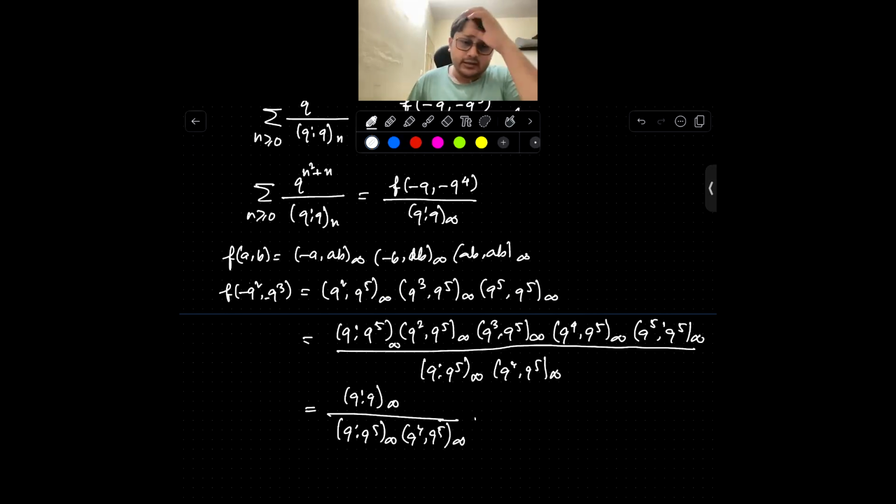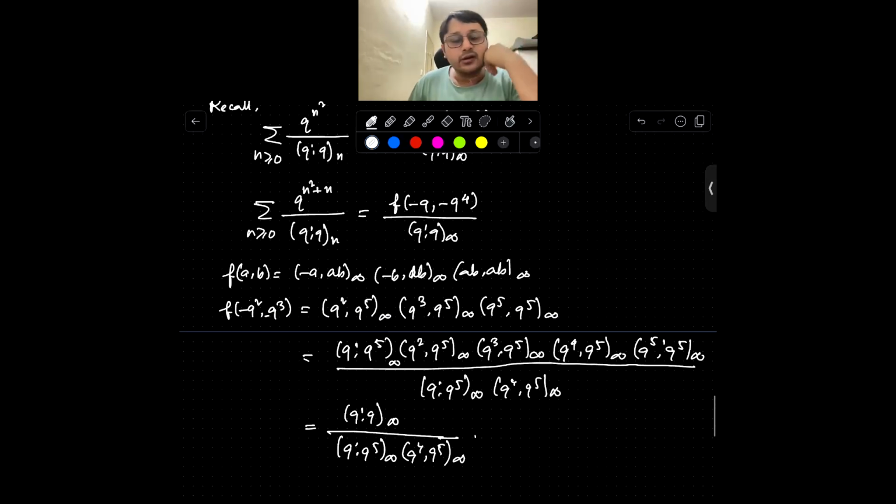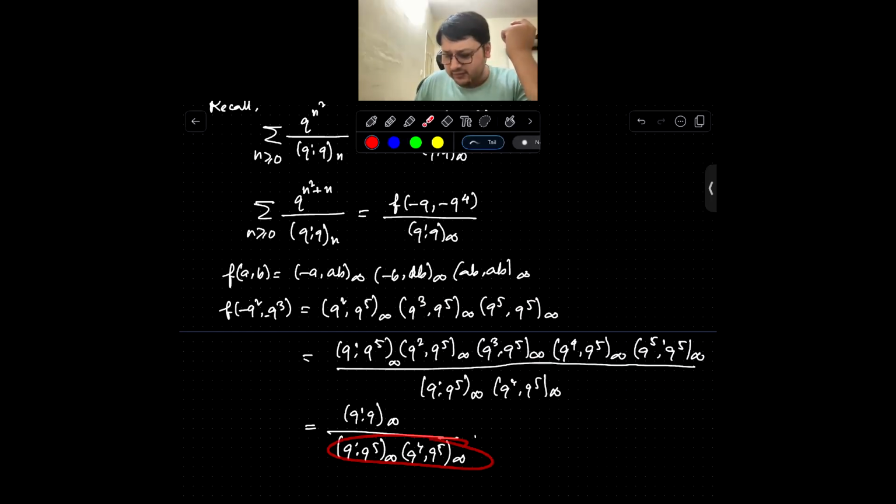If you recall the Rogers-Ramanujan identities, in one identity in the bottom you had 1 minus q raised to the power 5n plus 1 times 1 minus q raised to the power 5n plus 4. If you write it in terms of the q-Pochhammer symbol, that's just 1 over q5 infinity times 1 over q4 q5 infinity, which is basically the numerator that we have here.